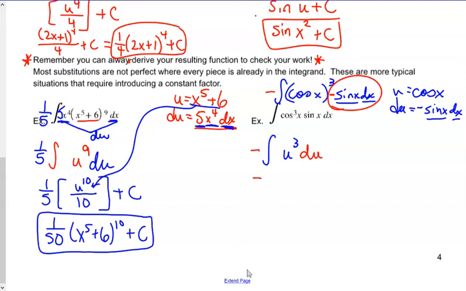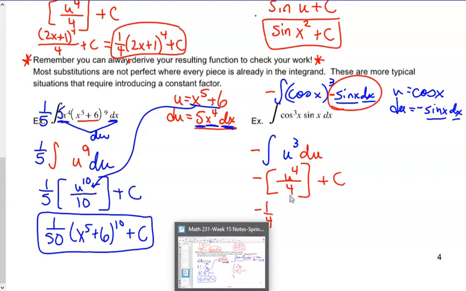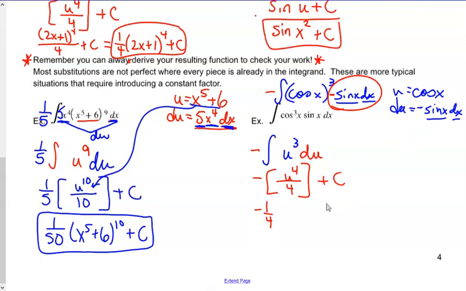So once I've changed it in terms of u, this should be the easy part, to integrate u to the 3rd. So I add 1 and divide by the new power. Don't forget your plus c. And then I'm going to take it back in terms of x. So I'm going to extract out the 4 in the bottom and make that a negative 1/4 out front. Then what was u? U is cosine.